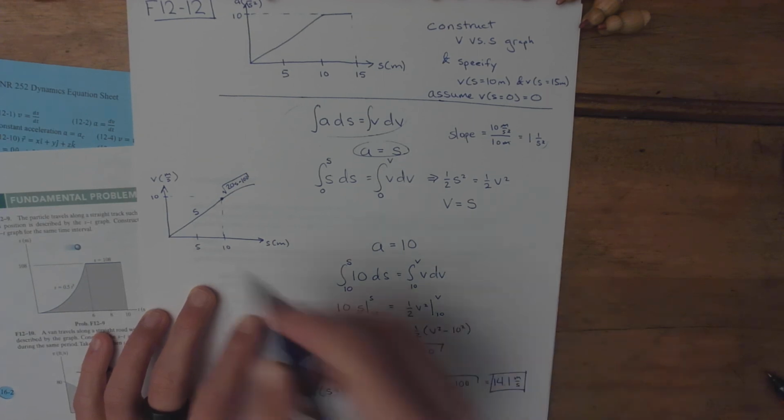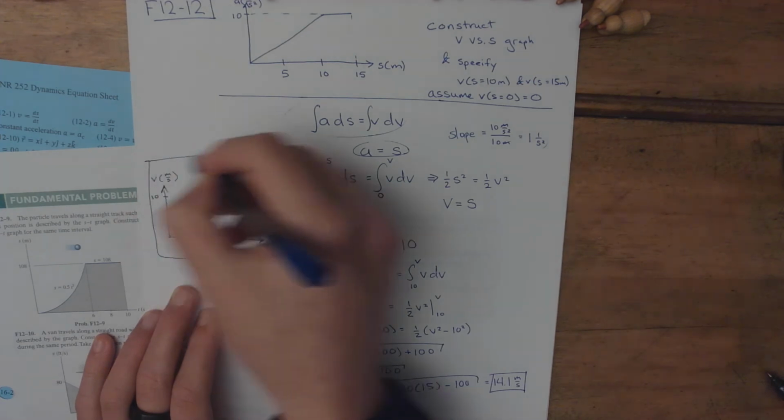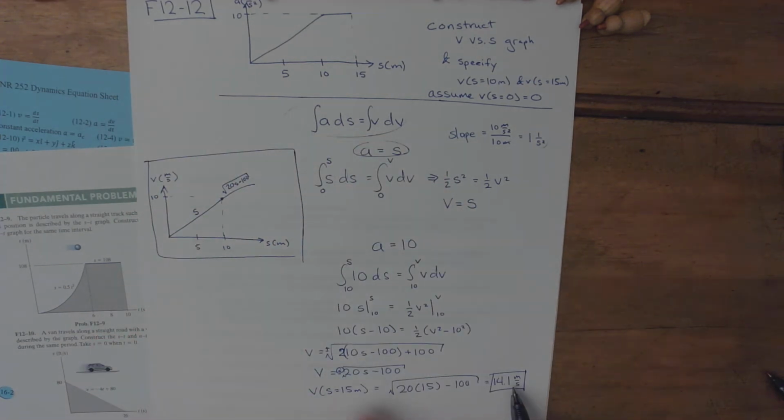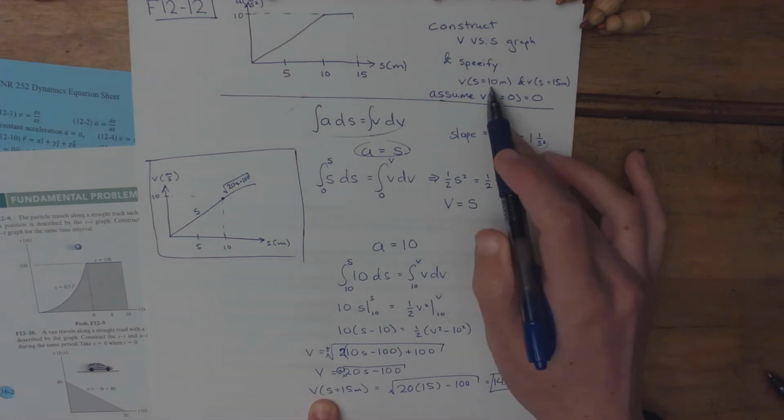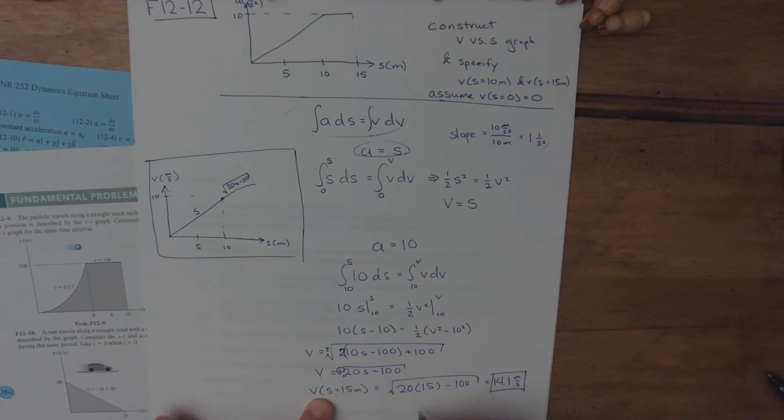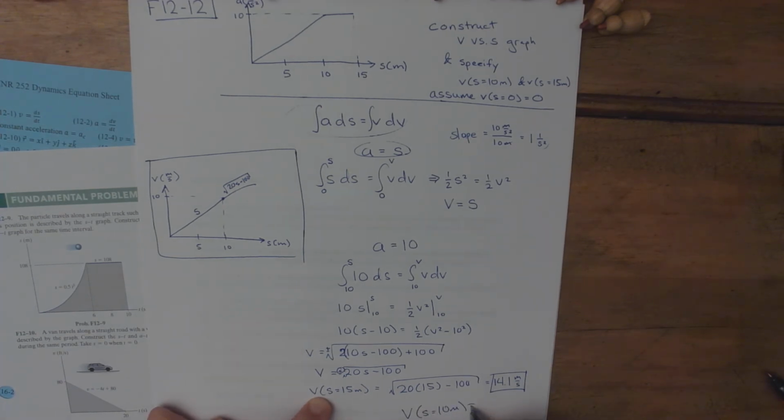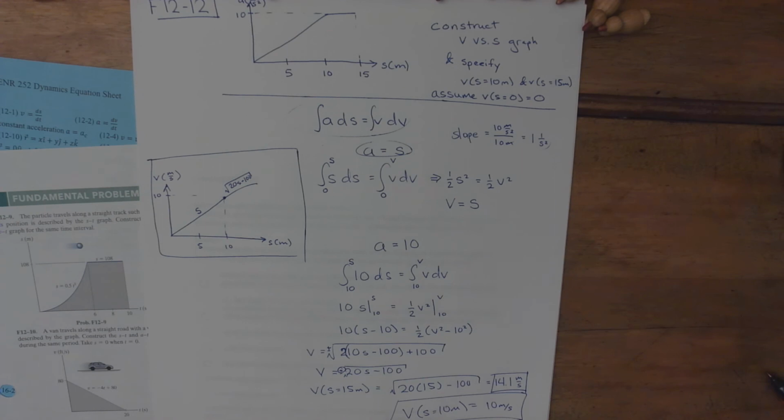Okay, so we have our graph, and we have the velocity when s is equal to 15, and I feel like somewhere we should have the velocity when s is equal to 10, but maybe we didn't write it down, so let's just put it here, is equal to 10 meters per second. Okay, and that concludes fundamental problem 12.